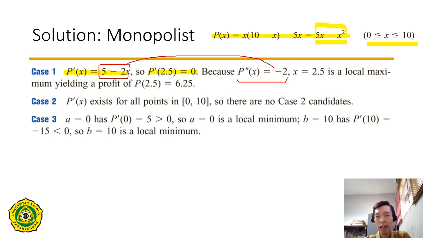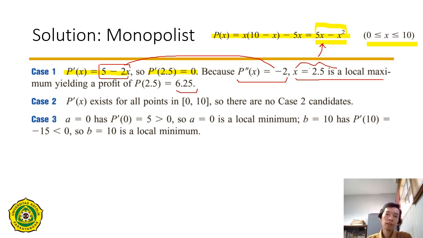We can say that that point is a local maximum. So x equals 2.5 is a local maximum candidate, I would say, and it generates a profit of 6.25. You obtain 6.25 by substituting x equals 2.5 into the function P(x).